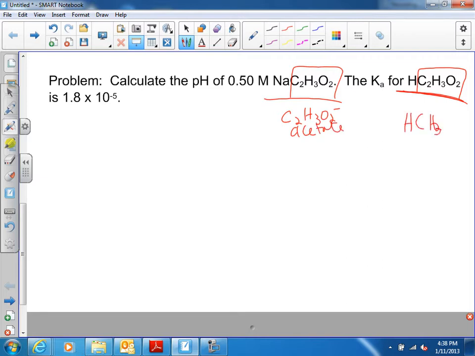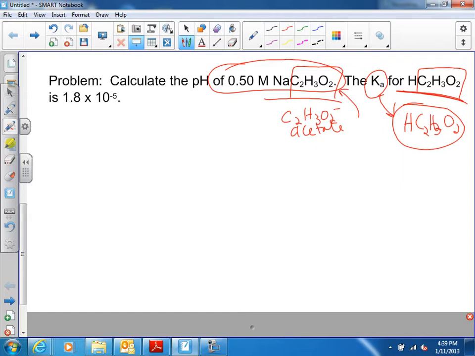Oops, HC2H3O2. There we go. So I've got sodium acetate present in the solution. I don't have acetic acid present. I've given you the Ka for acetic acid, so hopefully you recognize we're going to need the Kb. You've got to calculate a Kb for acetate.